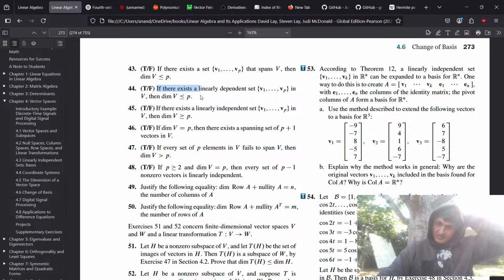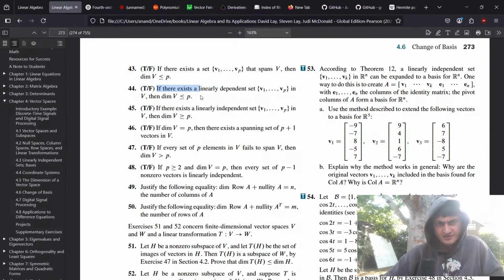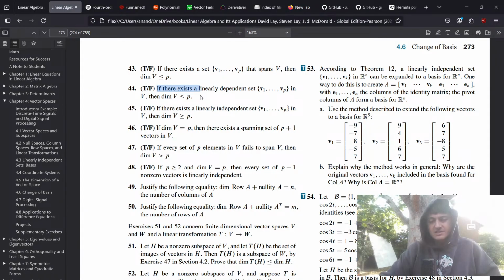If every set of p elements in V fails to span V, then the dimension is strictly greater than p. That's true. If p is greater than or equal to 2 and the dimension is equal to p, then every set of... That's obviously false. I don't know why they said these are more difficult. They seem like the same difficulty to me.